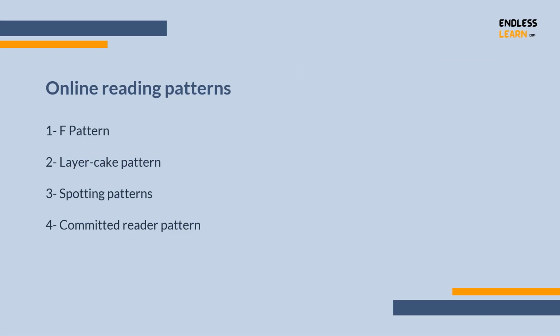The third pattern is actually not a certain pattern, but a group of patterns that have been called spotting patterns by researchers. As their name suggests, they depend on spotting, and this spotting happens with formatted content. So when people read content that is well formatted, the places they will look at most will be bullets, lists, bold text, underlined text, colored text, numbers, specific words, headings, subheadings, and so on.